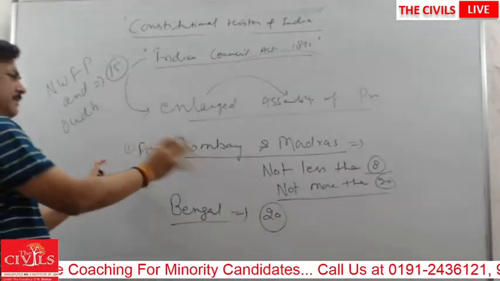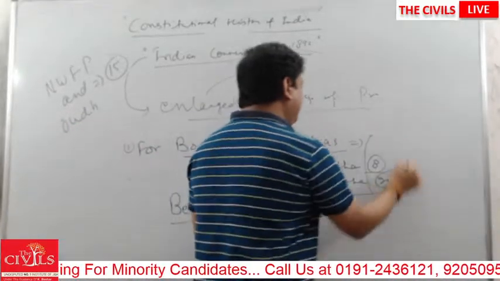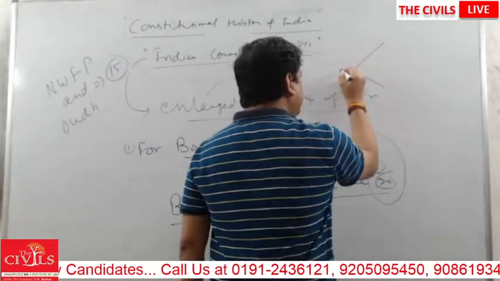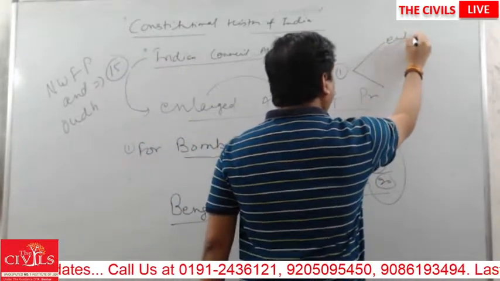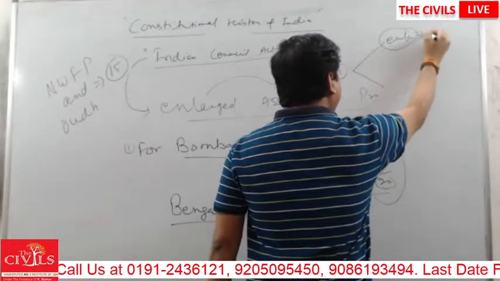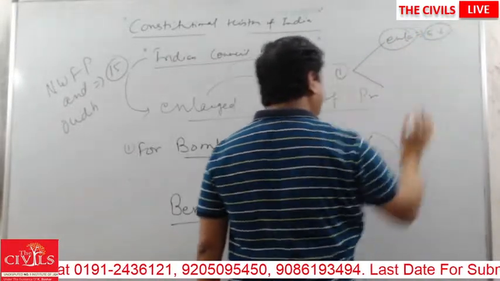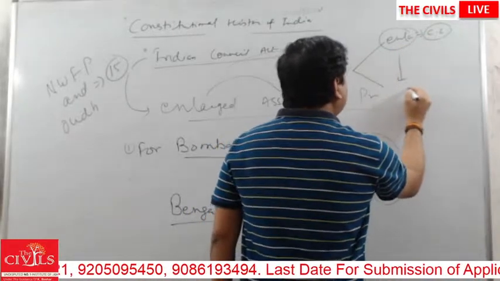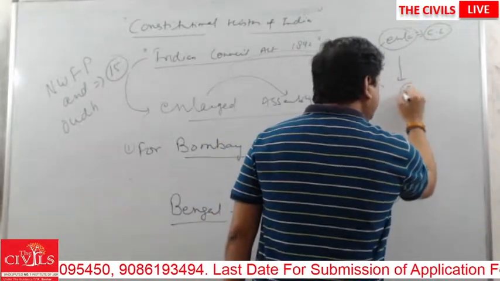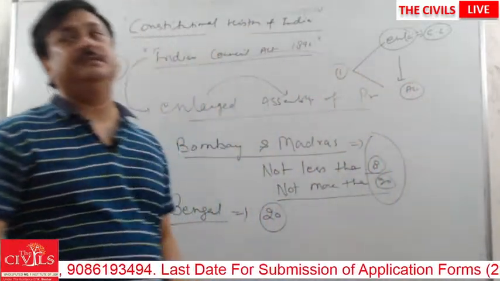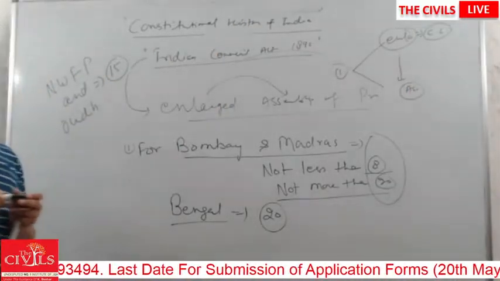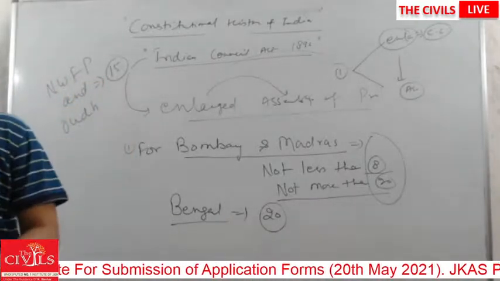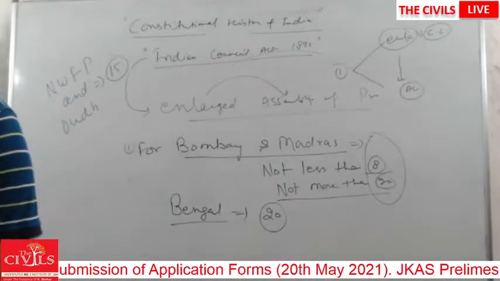These numbers are not very important, but remember one thing: this act enlarged the Central Legislative Assembly or Council, and apart from that it also enlarged the assemblies of provinces by addition of new members. Is it clear to all of you? These 2 points are clear?